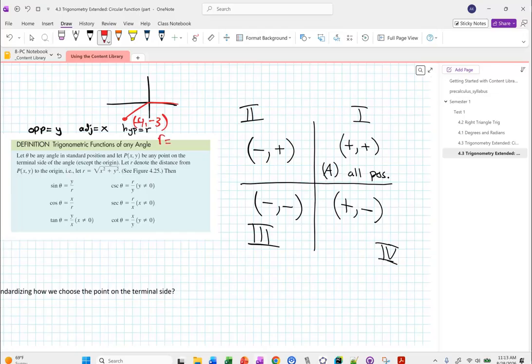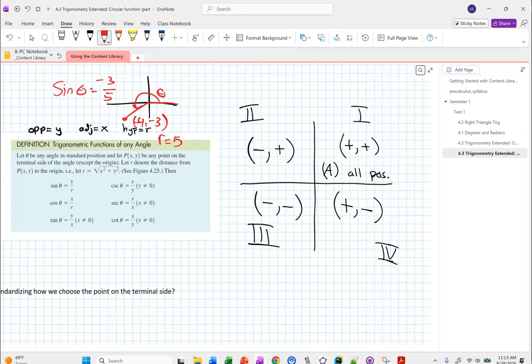So r is going to be 5. Negative 4 squared is 16. Negative 3 squared is 9. 16 plus 9 is 25. No triangle. This is my angle theta. So sine theta is just y over r. No triangle drawn, just using the point.